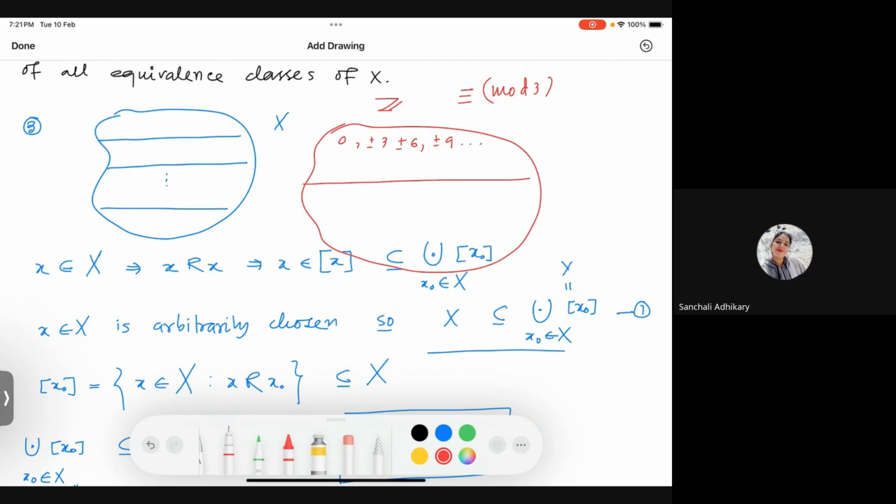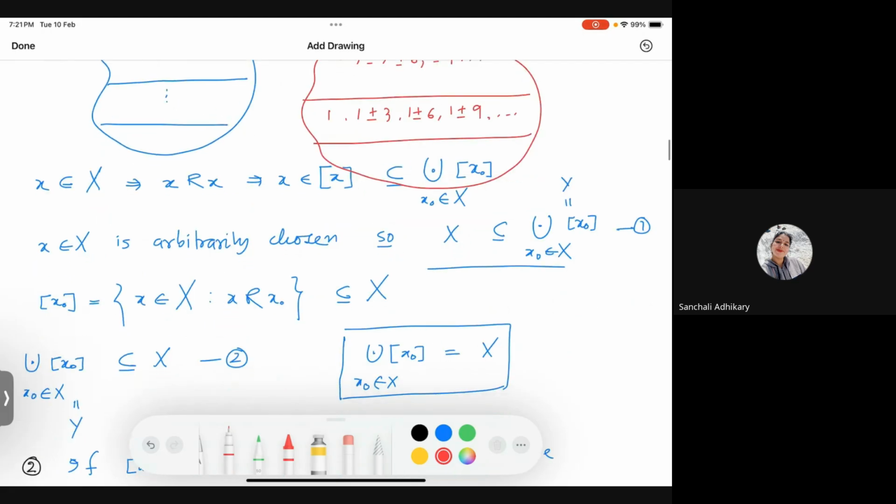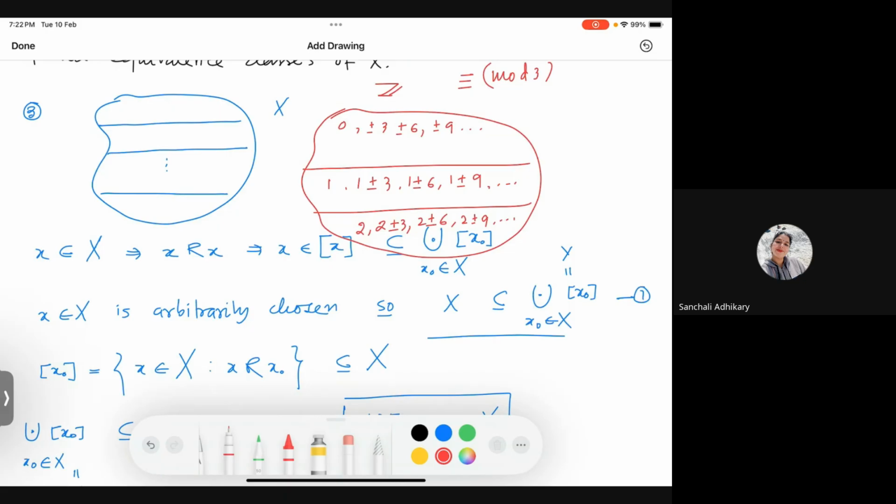This is one set, 1 plus minus 3 plus minus 6 plus minus 9. This is the second class, and the last class is this. Okay, and it covers every element. You cannot get any element which does not belong to either this class or this class or this class. You cannot get any element which is not present in these classes.